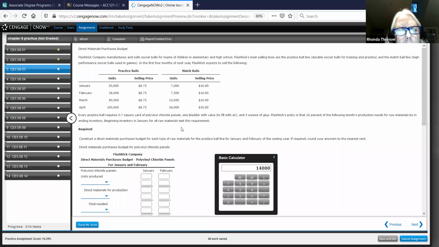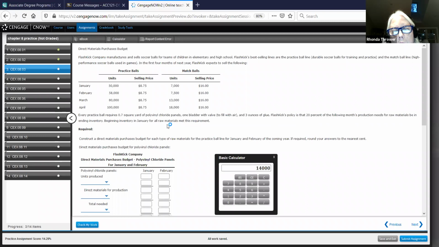So every practice ball requires 70 parts of a square yard of polyvinyl chloride panels, 1 bladder with a valve to fill with air, and 3 ounces of glue. Flash Kick's policy is that 20% of the following month's production needs for raw materials will be in ending inventory.